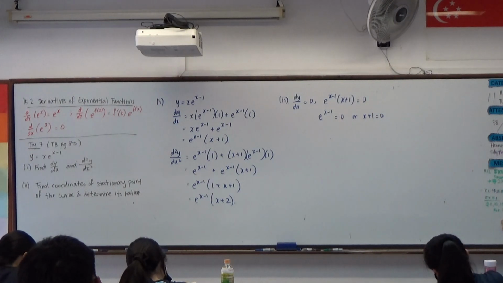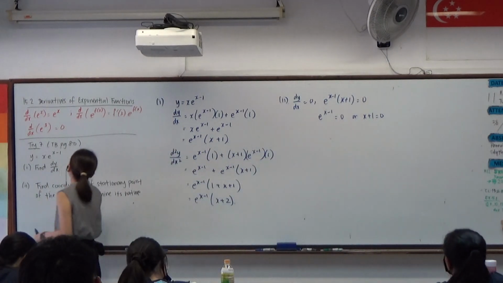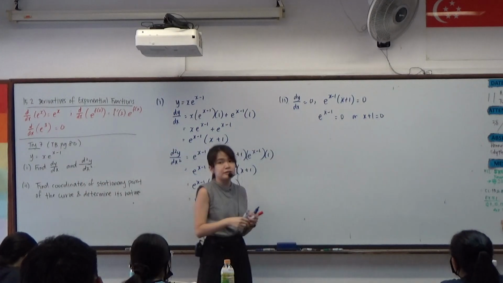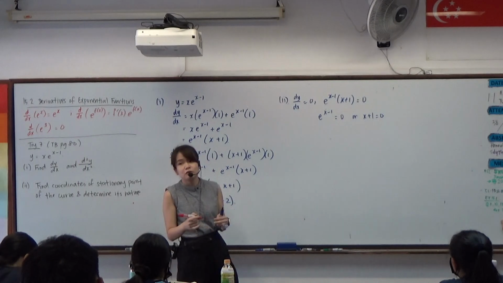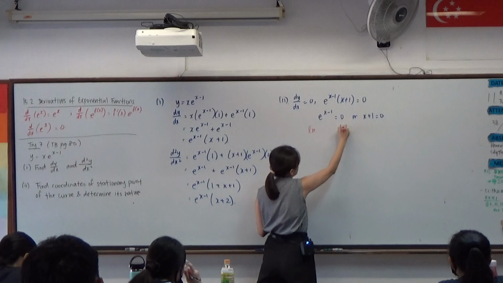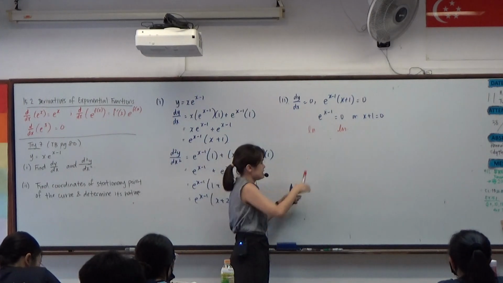So this brings us back to remembering our logarithms solving. Our x is in the power. How do we go about solving it? If you recall from your logarithm, we can apply ln on both sides. Why do I apply ln, the natural logarithm? Because this is e.